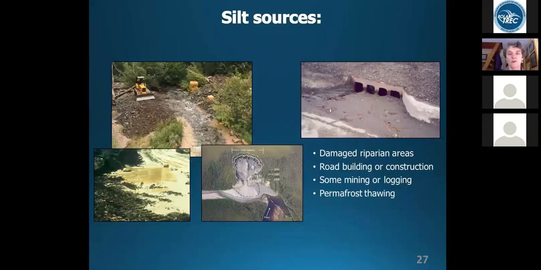So one of the issues that happens when riparian habitats are damaged is there's a lot of sources for silt and more silt getting into the water. And that can come, again, from road building, from some mining or logging. But then also increasingly we're seeing silt sources are coming from thawing permafrost.